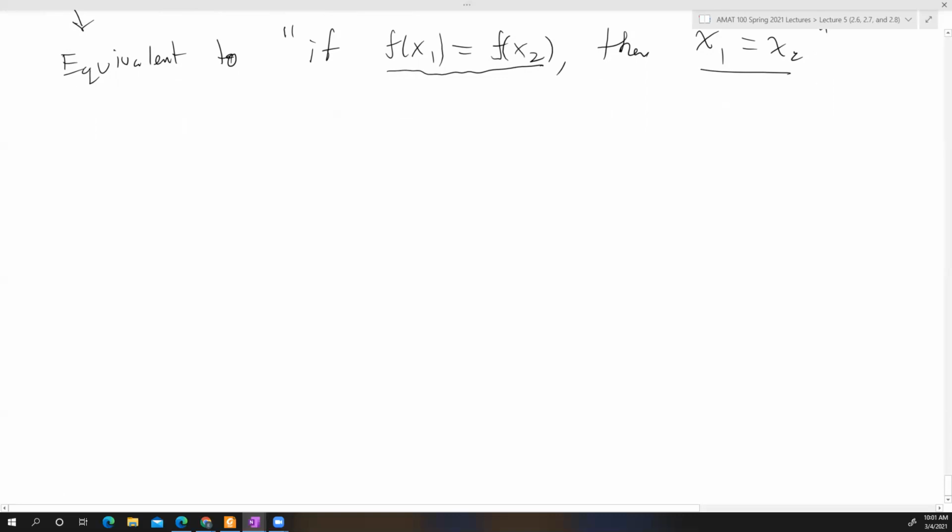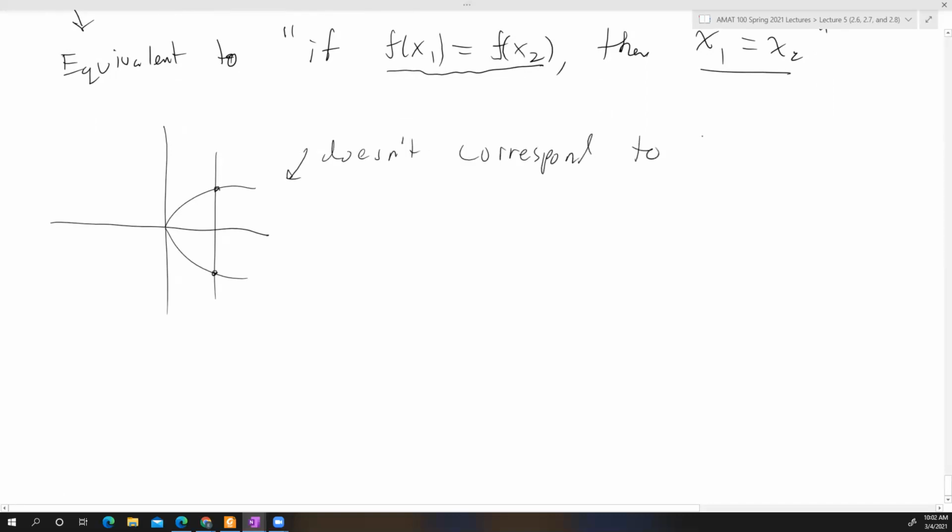The idea is that if, for example, you had this, and you drew this line that would intersect at two points, this meant that this plot does not correspond to the graph of a function.